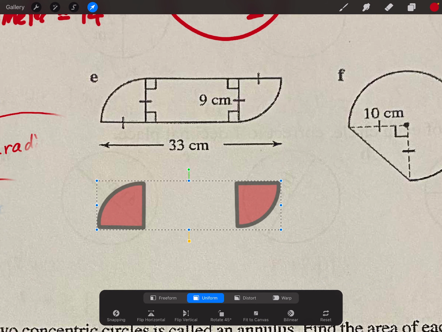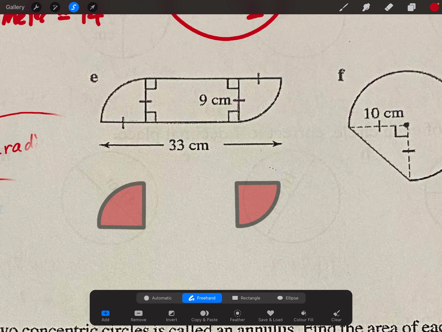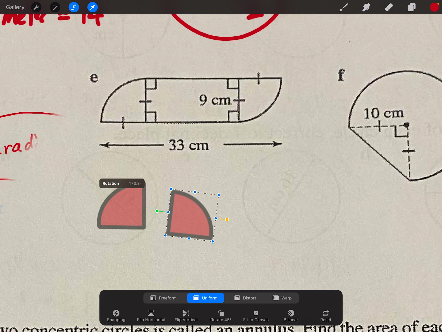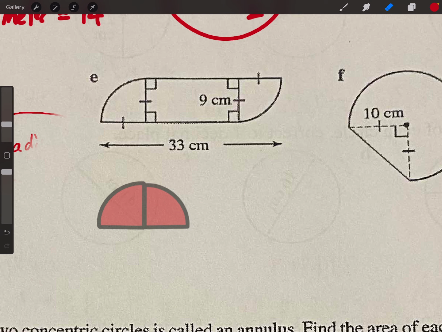So it looks like this. Maybe I'll rotate this. Something like that. Okay, it's not perfect, but you get the point.